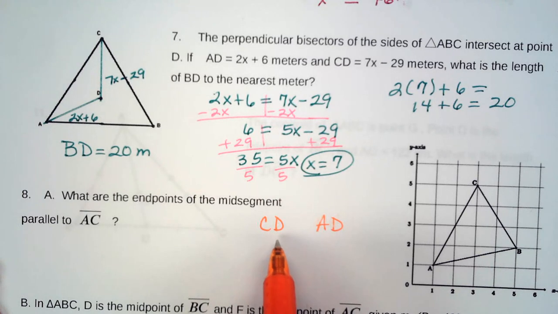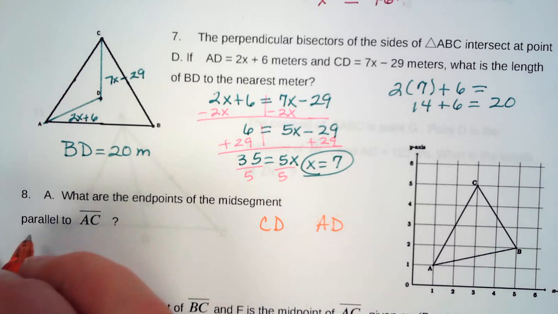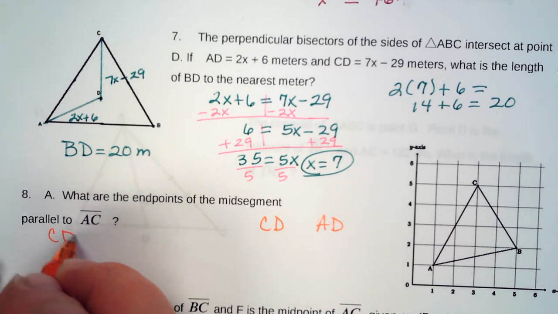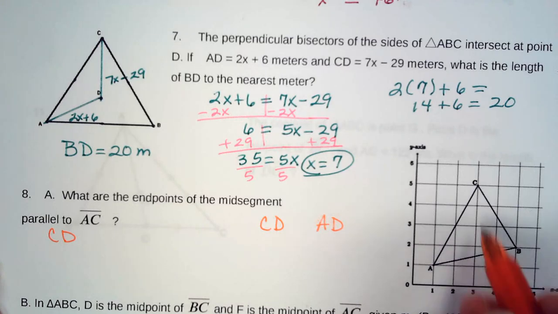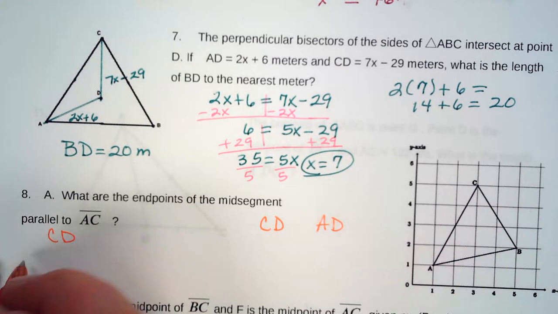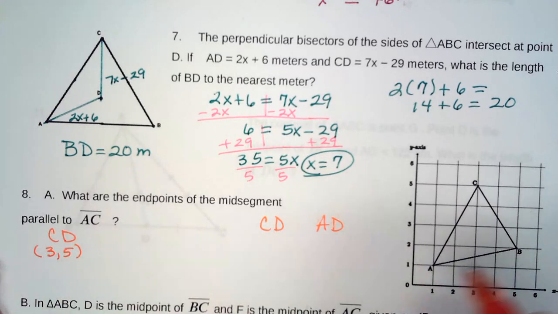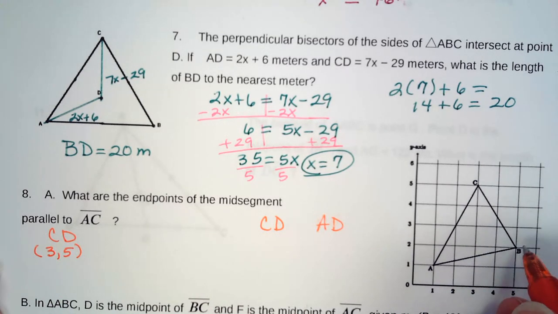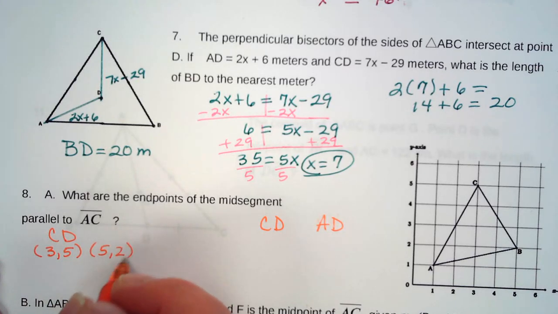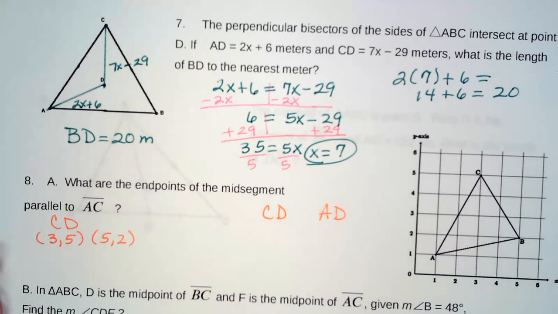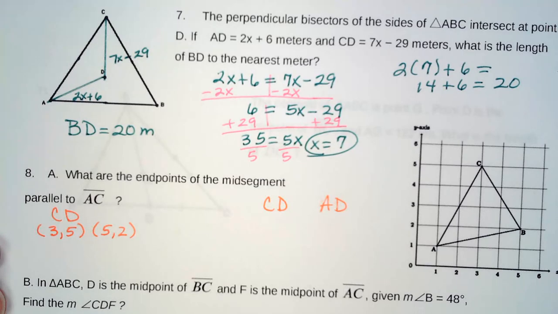So if I'm looking at CD, this point is 3, 5. And D is 5, 2. Do you remember the midpoint formula?